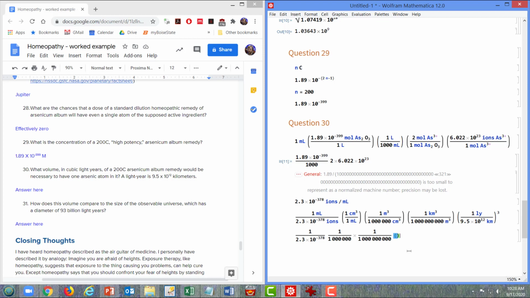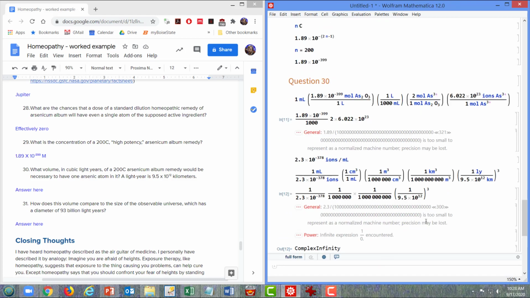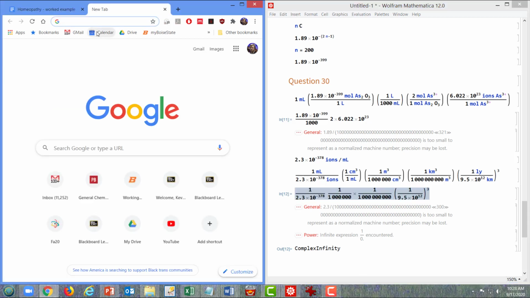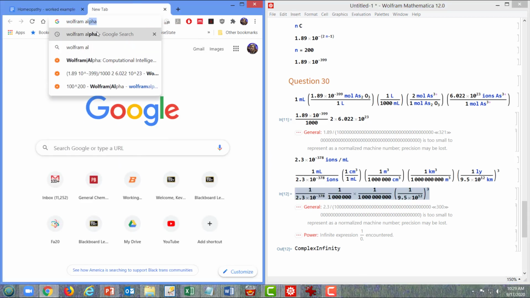And then put this here, and remember to cube that one. Yep, and so this one was actually too big as well for the program I'm using, so we will again go to Wolfram Alpha.